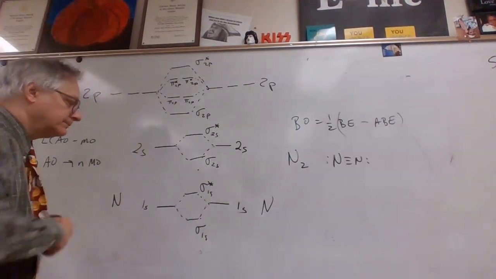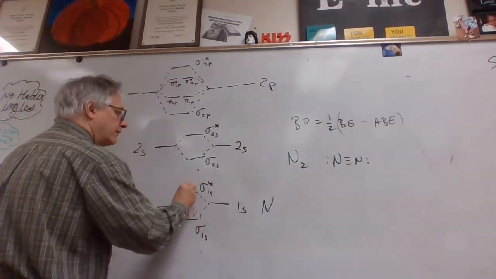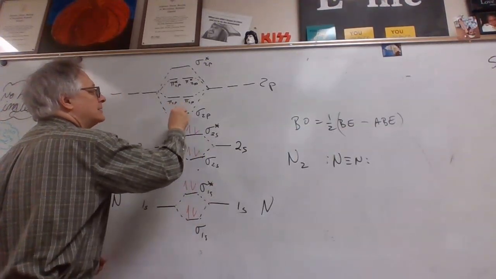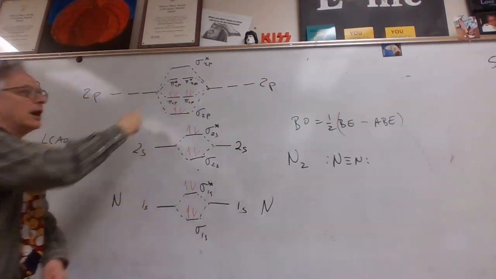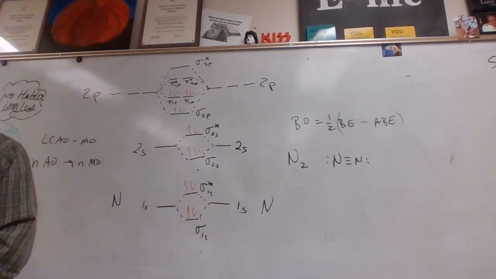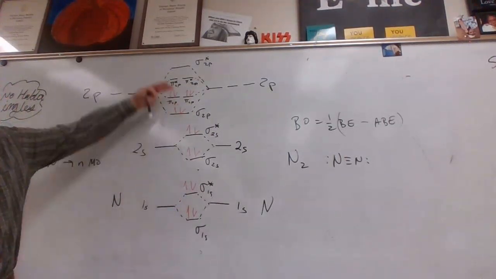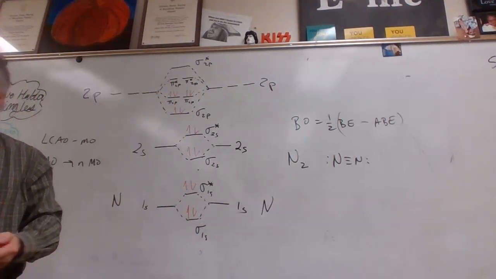So I'll use a different color. 1, 2, 3, 4, 5, 6, 7, 8, 9, 10, 11, 12, 13, 14. Remember Hund's rule, you want 1 in each before 2 in any. Okay, all the rules work. So this is how we would write the molecular orbital representation of this molecule.